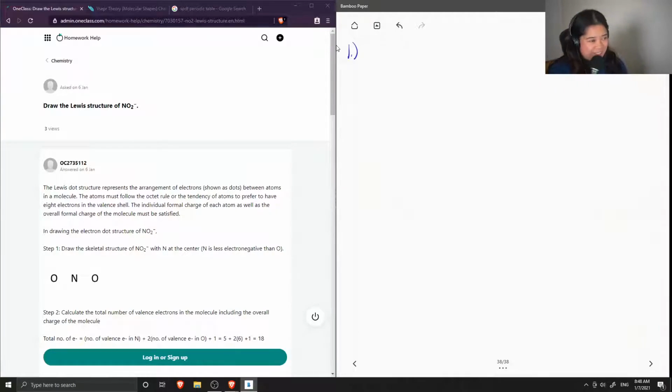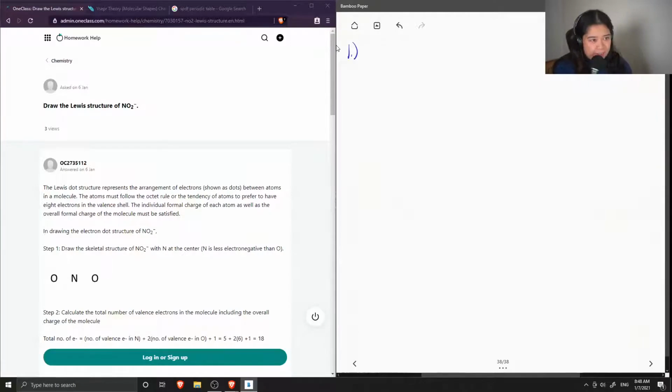So, the Lewis structure of NO2 minus. When we write the Lewis structures, we first have to find out the total number of valence electrons. In the case of nitrogen, nitrogen has 5 valence electrons.